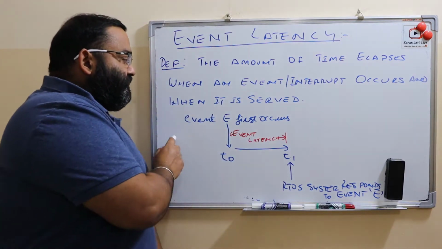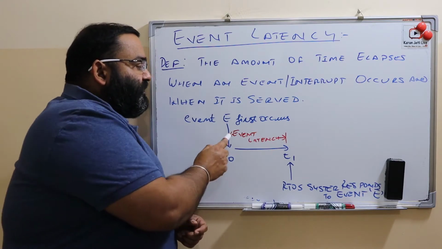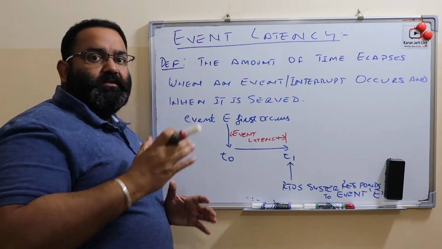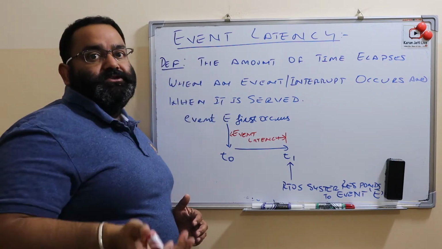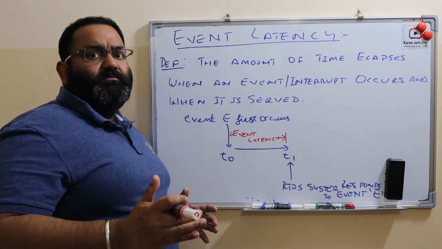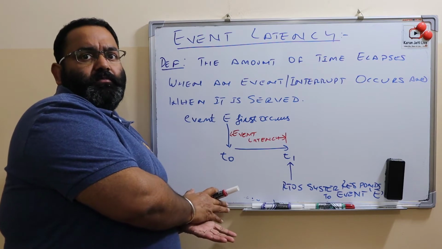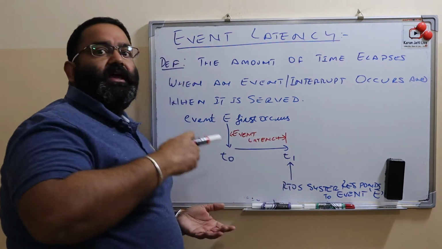For example, something is going on and at time t0 an event occurs. The operating system gets a notification that some event has happened which needs its attention. How much time does the operating system take to finish the current job, or to jump from the current job to service that event?